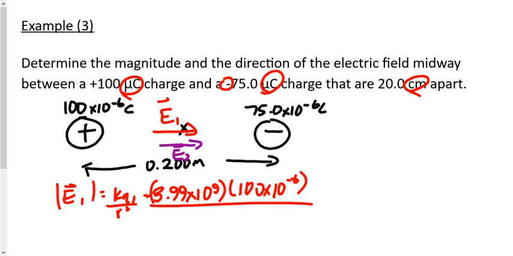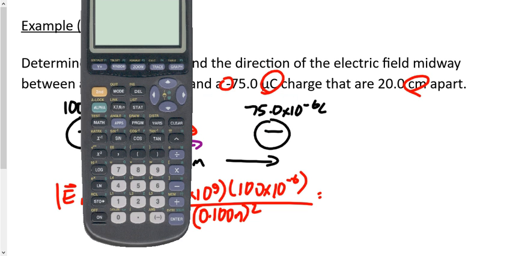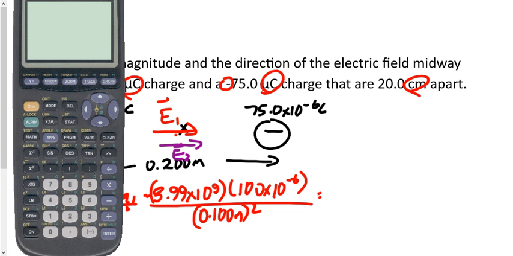What's the distance from here to here? 0.100 meters. Let's figure this out now. 8.99 times 10 to the 9 times 100 times 10 to the minus 6 divided by 0.1 squared gives me 8.99 times 10 to the 7.